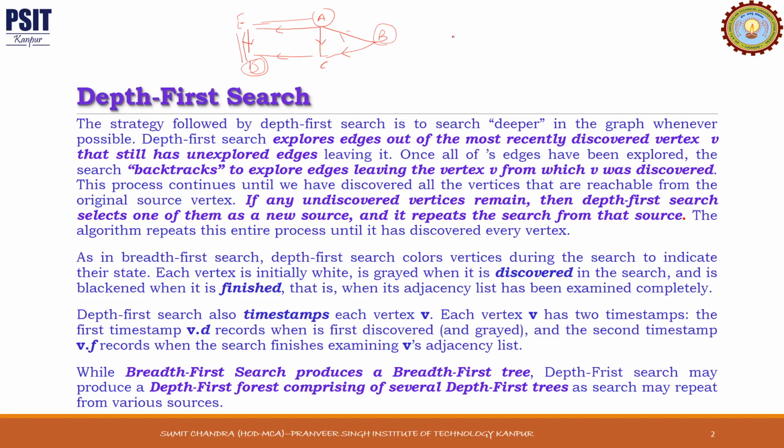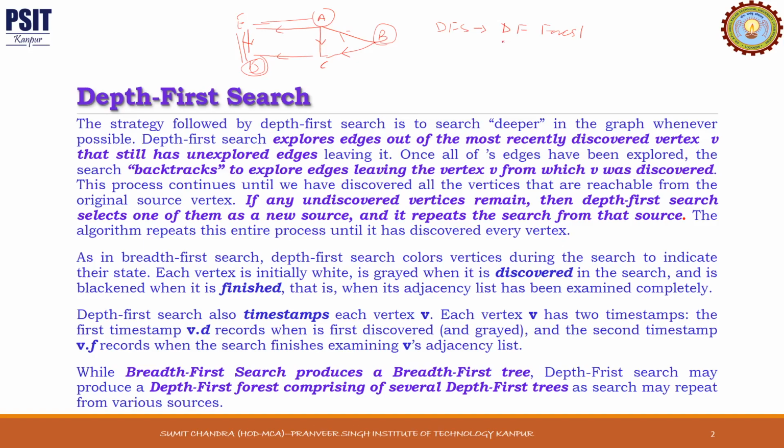So while breadth first search gives only a single tree, in depth first search we can have more than one depth first tree. Depth first search creates a depth first forest, which can consist of several trees because search is repeated from various sources again and again.